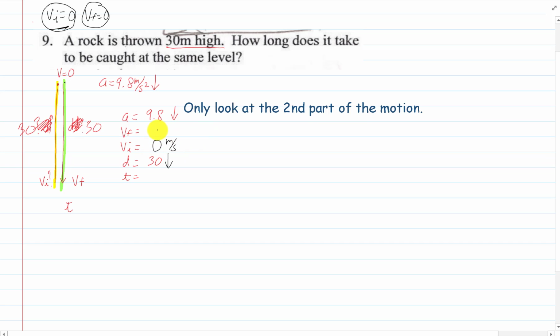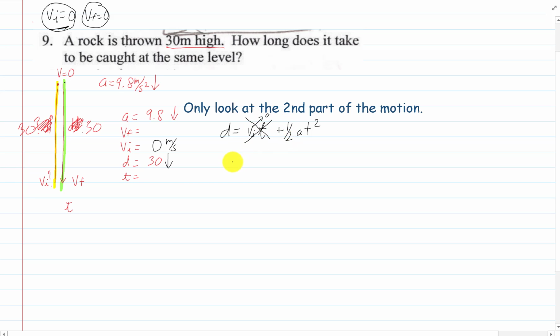So we can get VF and the time. The time would require that we don't use the VF formula, and that's pretty easy. We get D equals VIT plus 1/2 AT squared. That doesn't have VF in it, and the VI is 0, so this whole term is gone because VI is 0.